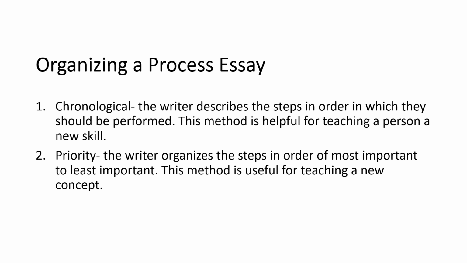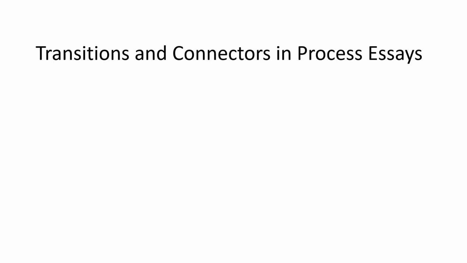Of course, it's the chronological structure. But if you are going to teach, for example, a man to woo a lady, okay, of course, the steps would vary from man or from person to person. Okay, so the priority structure may be employed in organizing the steps in paragraphs 2 to 4 of a process essay.